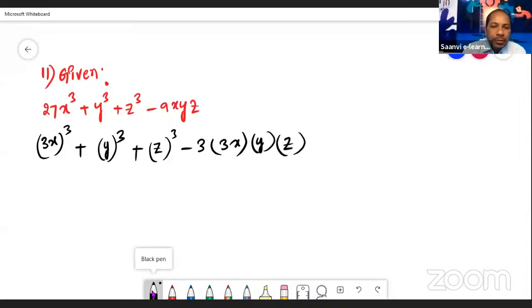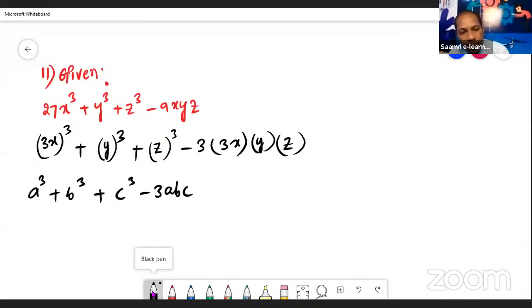Okay. Now it is completely in the form of, see here, a cube plus b cube plus c cube minus 3abc. Okay. So it is in the form of a cube plus b cube plus c cube minus 3abc.